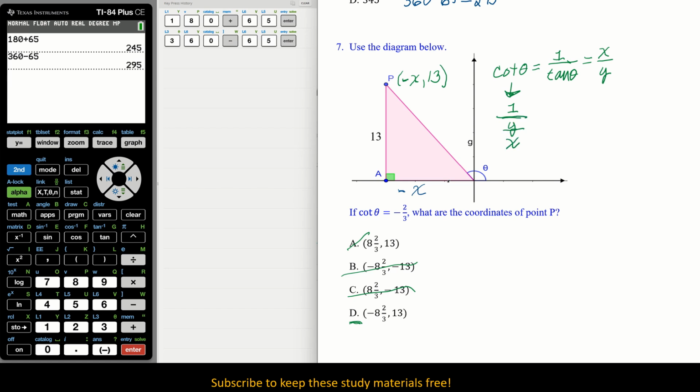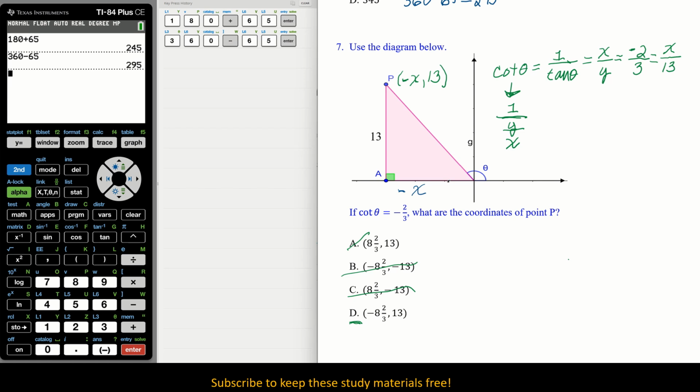Okay, so that means we end up with a reciprocal, all right? And that reciprocal just so happens to equal, I'm going to put the negative 2 associated with the x, and the 13 is associated with the y. And that is absolutely 100% correct.